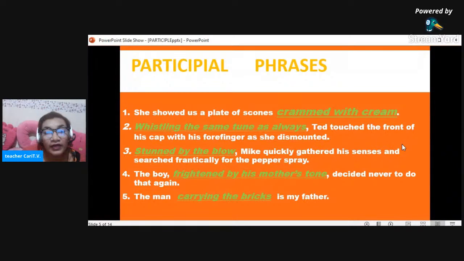Number four, the boy, frightened by his mother's tone, decided never to do that again. So the boy is modified by the participial phrase, frightened by his mother's tone. Number five, the man carrying the bricks is my father.